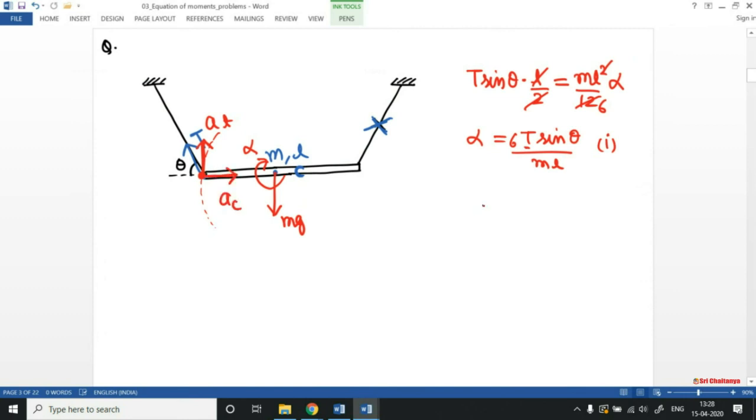The tangential component of acceleration would be L by 2 alpha, and the centripetal component of acceleration will be equal to omega square L by 2, which would be equal to 0, because it has just been released, so its value would be 0. So this would be the tangential acceleration, that is AT.